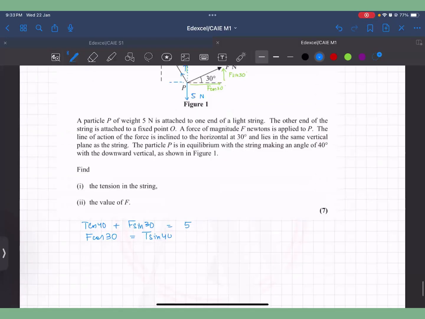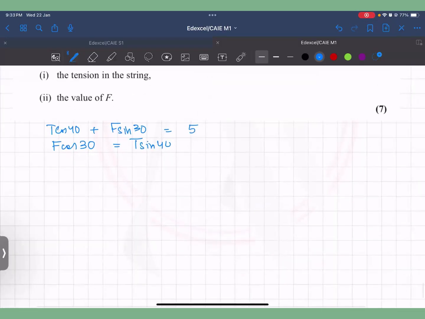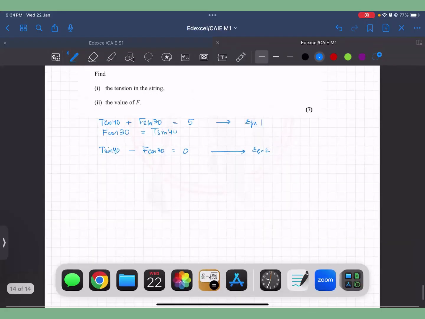That's it. You have formed the two equations. Now you can solve them simultaneously. This is your first equation. If you rearrange this equation, you will get T sin 40 minus F cos 30 equals 0. This is your equation number 2. And now you can use your calculator to solve them simultaneously.